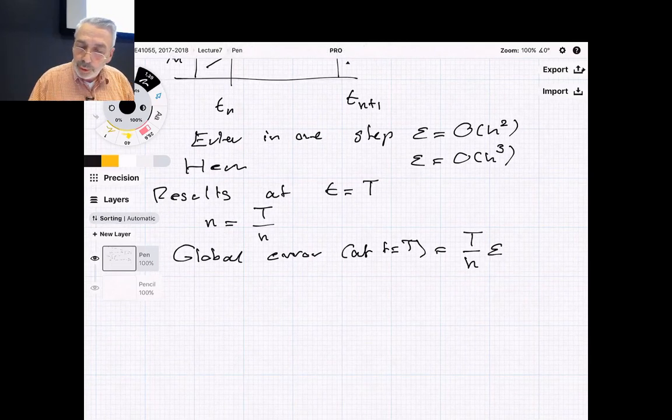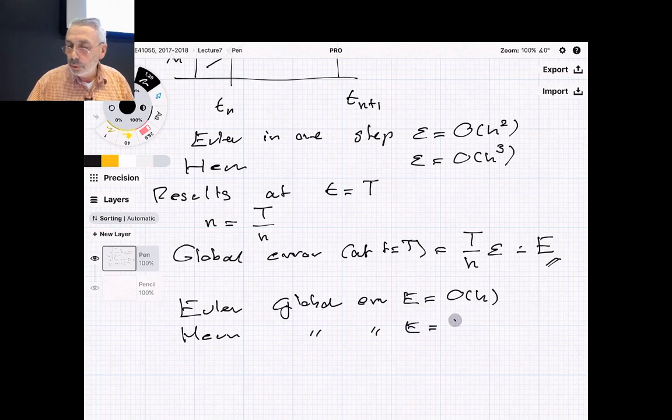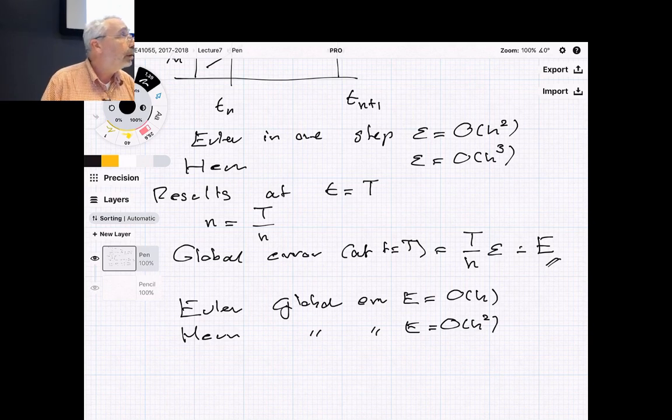So for the global error, which we call capital E, that's how we define it, for Euler the global error is of the order h, and for Heun the global error is of the order h squared. So that's nice. Heun is an accurate system. It has quadratic convergence. Linear convergence is always horrible. That's so much work. It's a little bit like finding zeros.